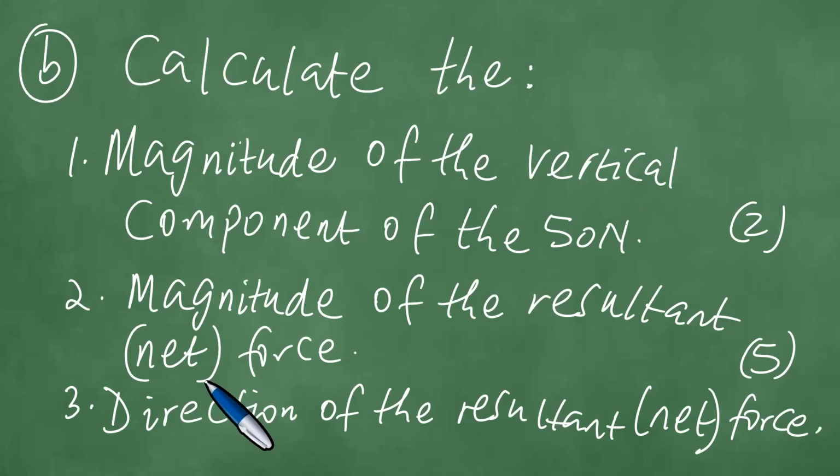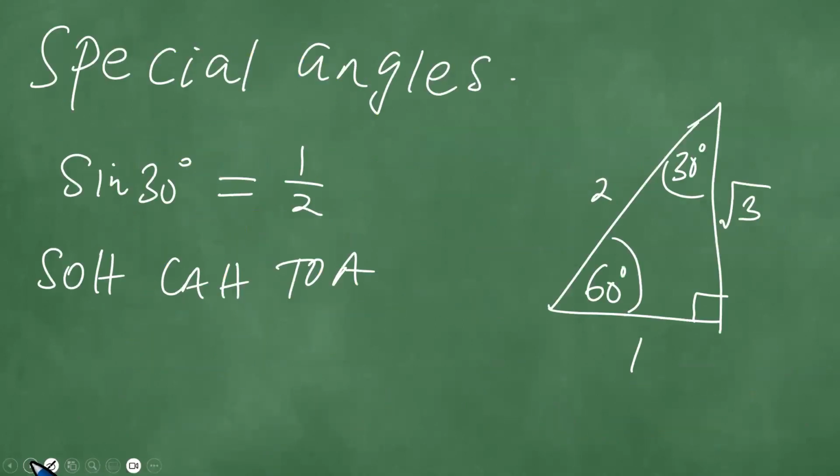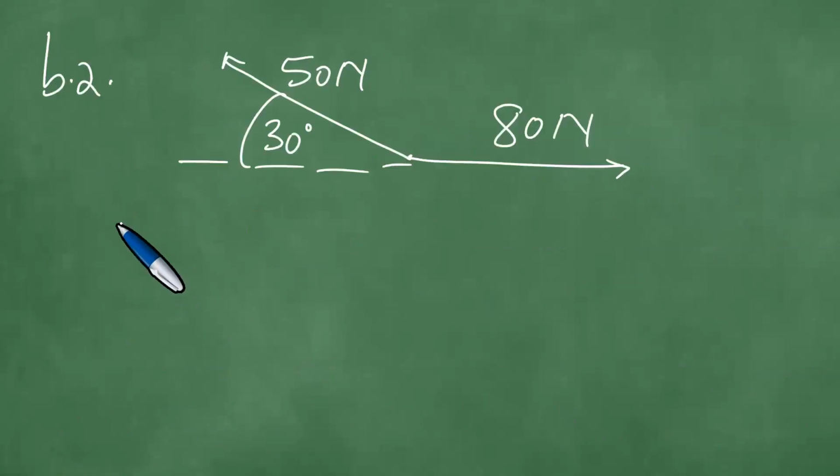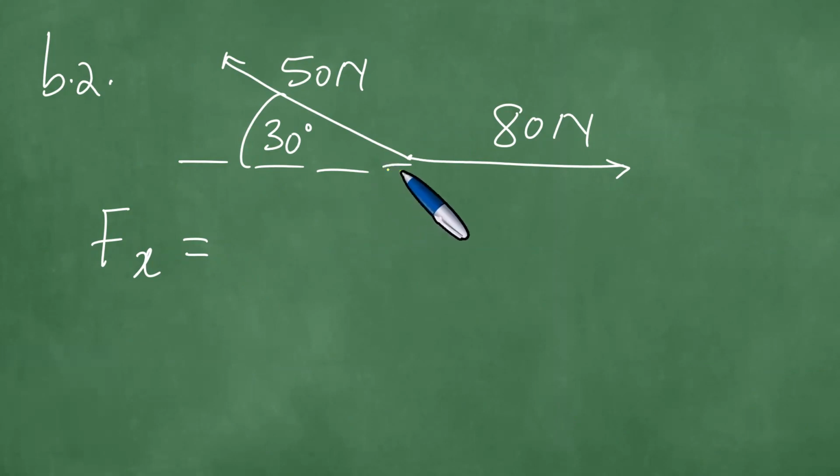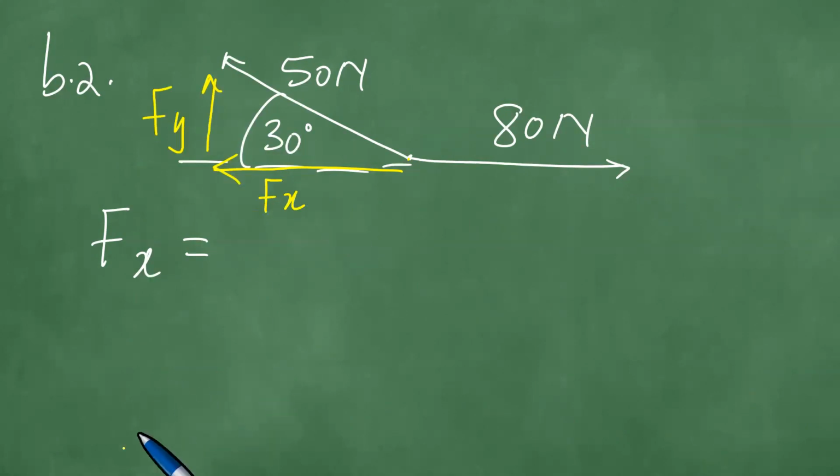Now to find the resultant force, or net force, there are a couple of things you need to remember. We need to find also the horizontal component Fx, because there are forces acting at this point, and we have here the vertical component and the horizontal component.